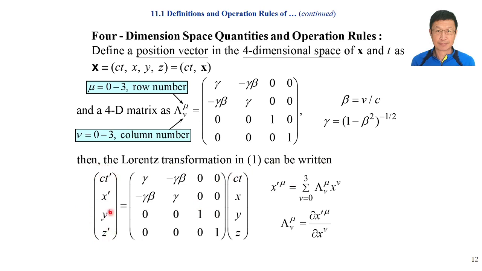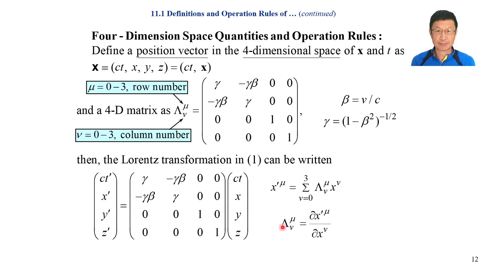We have two coordinate systems: the K prime system with variables ct prime, x prime, y prime, z prime, and the other is the K frame, the unprimed system. The relation between the primed and unprimed systems is simple, just the Lorentz transformation. Or you can write it in this form, or you can use the Einstein summation convention, which simplifies the notation a lot.